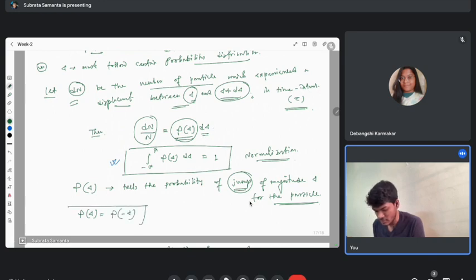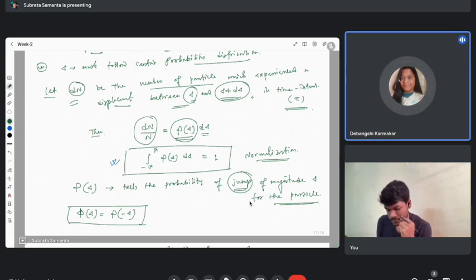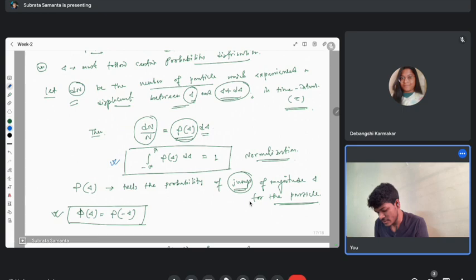This is not an assumption. So what does that mean? We are calculating at which jump delta how many particles there are, right? That is the distribution phi delta. But each jump can be positive or negative. In any direction they can jump, right?